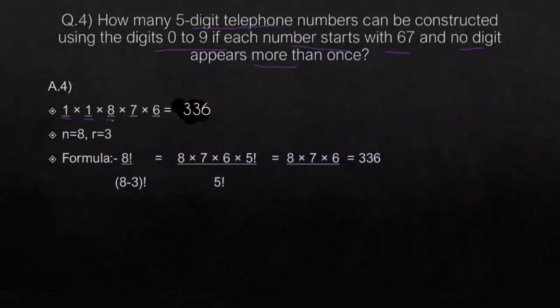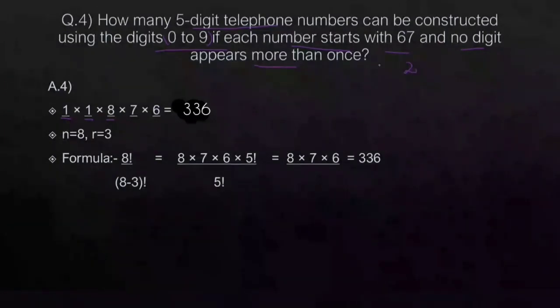And the third dash will have 8 options. Originally, the third dash could have 10 options, that is 10 digits from 0 to 9. Any digit could have been placed. But here it says the condition that no digit appears more than once. And we have already used 6 and 7, which are 2 digits.